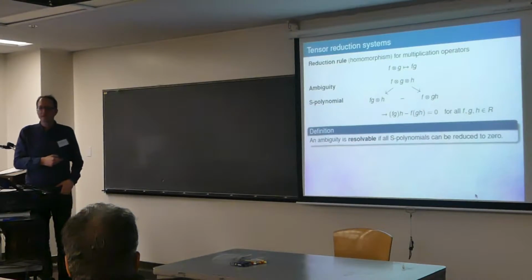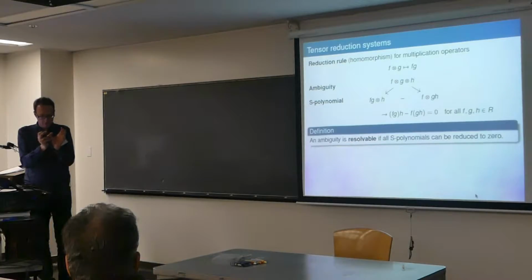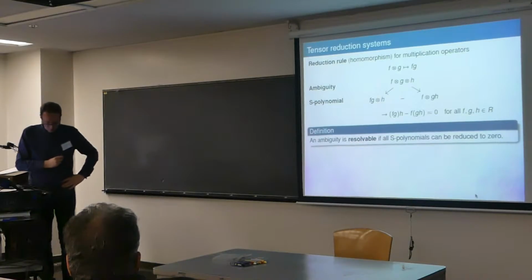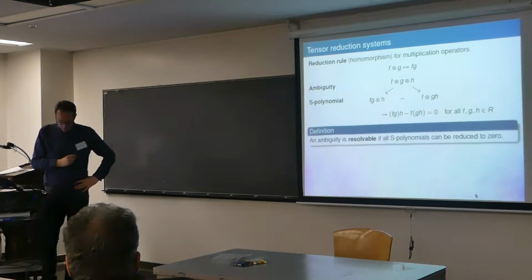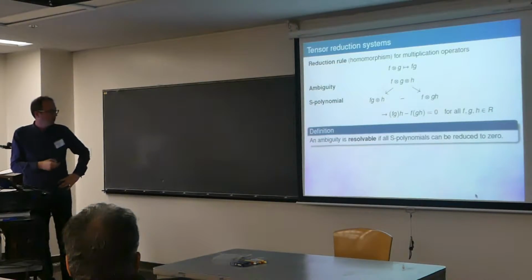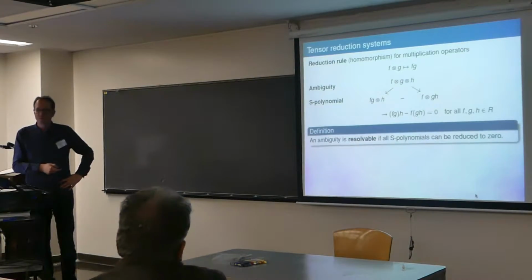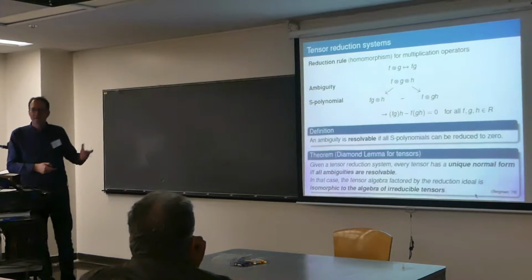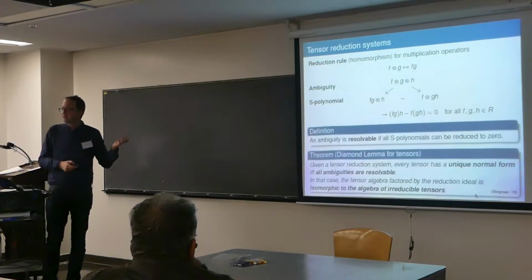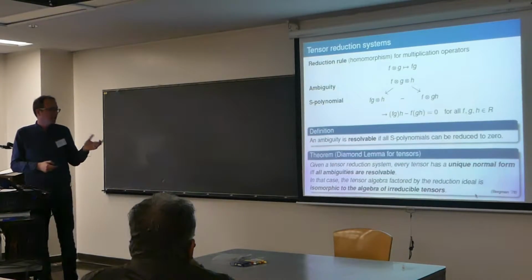And the definition: an ambiguity, when we can apply two different reduction rules on one tensor, is resolvable if all S polynomials can be reduced to 0. And the theorem, the diamond lemma in this tensor setting, is then: given a tensor reduction system, you have the following equivalence.